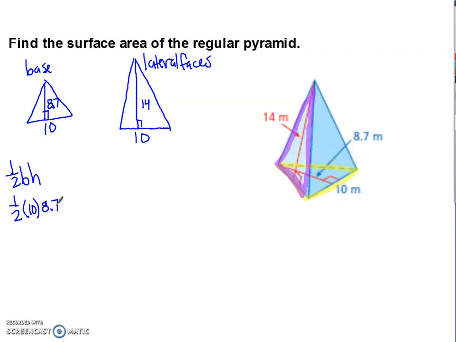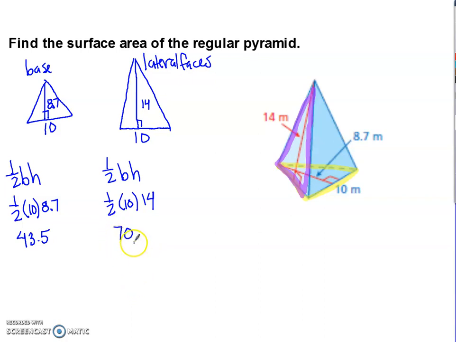Half of 10 is 5, and 5 times 8.7 is 43.5. Lateral faces, or the ones that stand sort of upright, 1/2 base times height, they're triangles. 1/2 10 times 14. Half of 10 is 5 again, and 5 times 14 is 70.